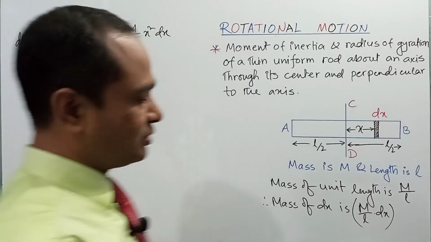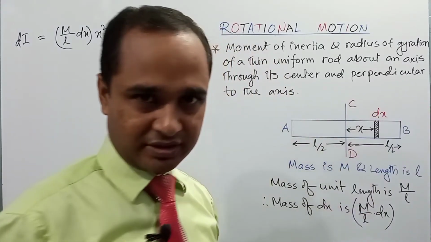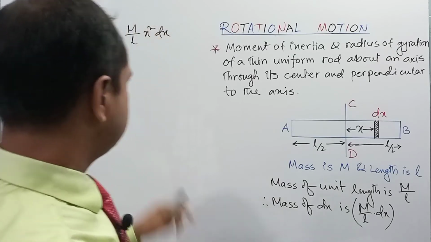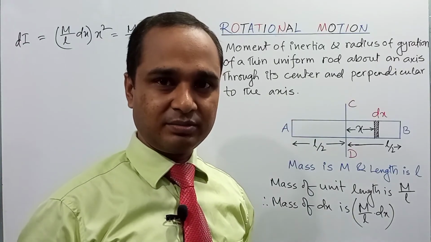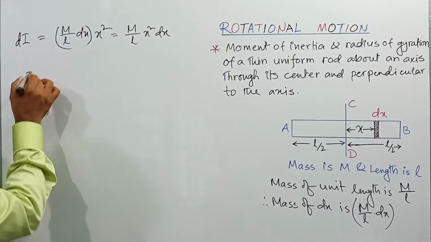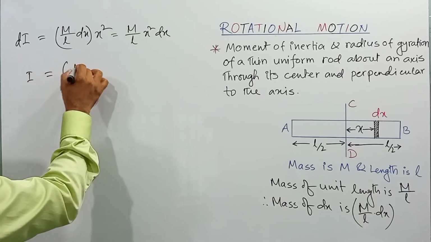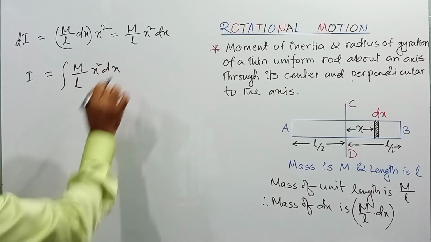But we need to determine the moment of inertia of the total rod or total body, and for that we need to integrate this expression to get the total moment of inertia. So the total moment of inertia, denoted by I, is the integration of M by L, x square dx.